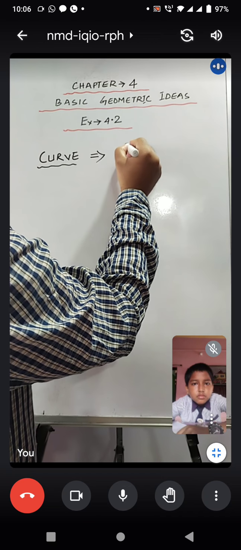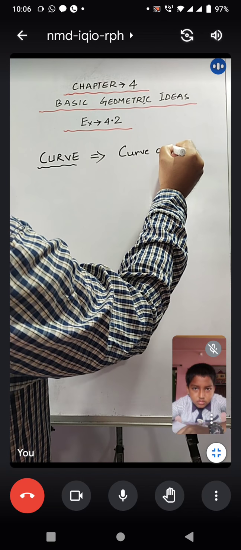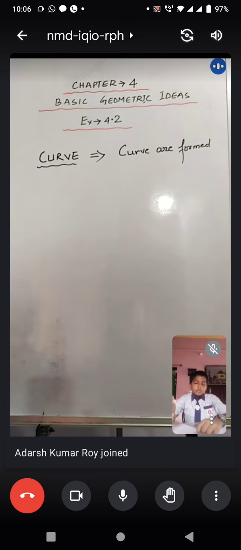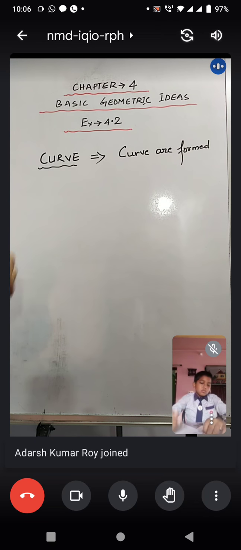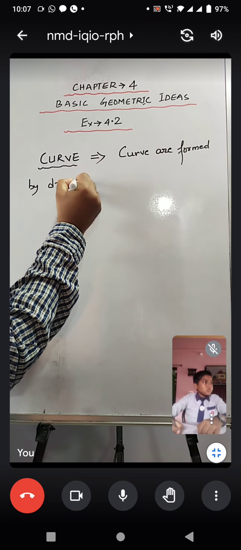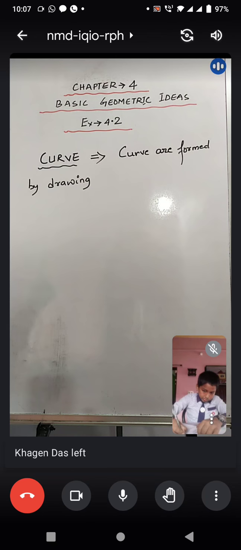We'll write: curves are formed by drawing without lifting the pen.